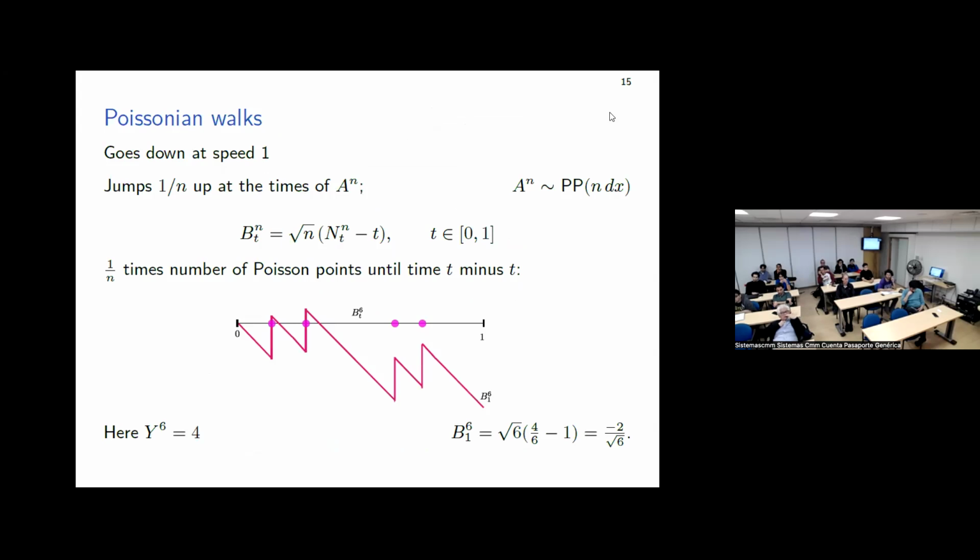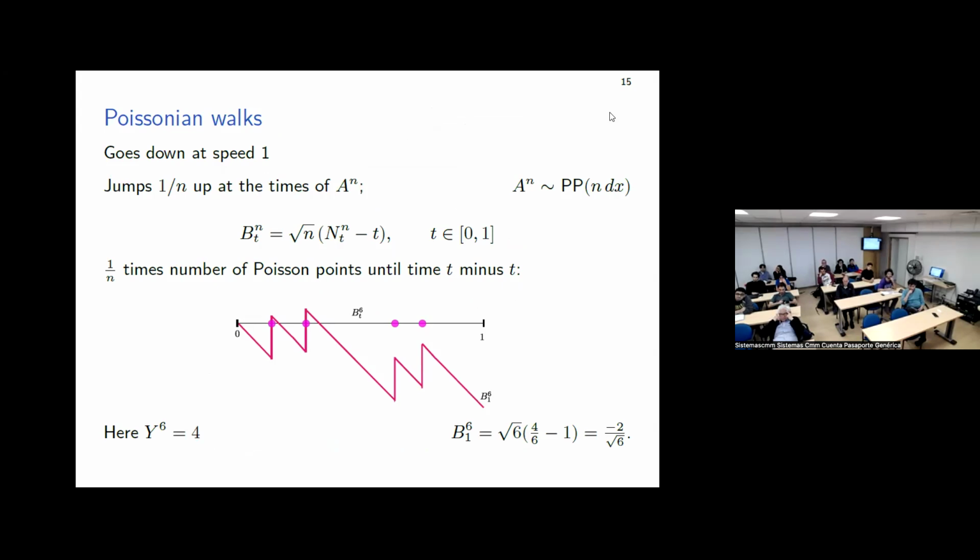Okay, now I call this Poisson walks. That is just the martingale coming from the Poisson process, from the empirical measure. So you take the empirical measure of the Poisson process up to time t minus the expectation.